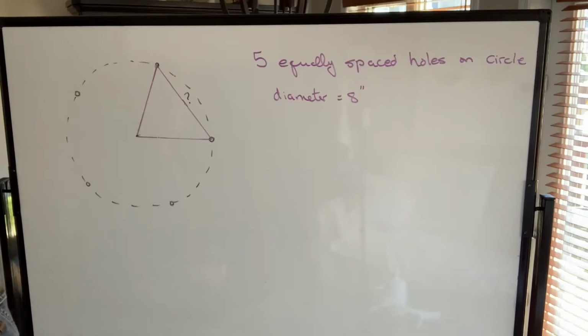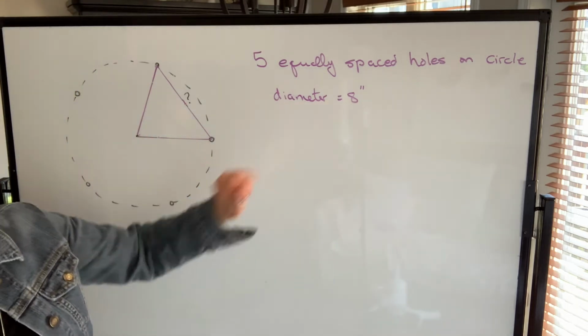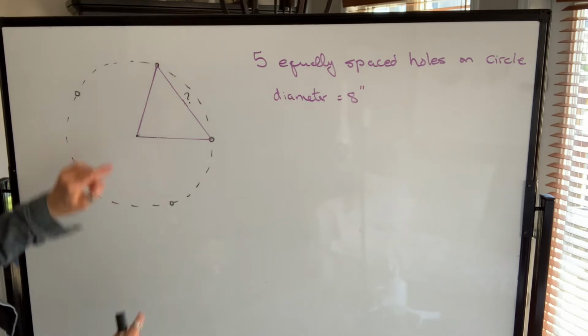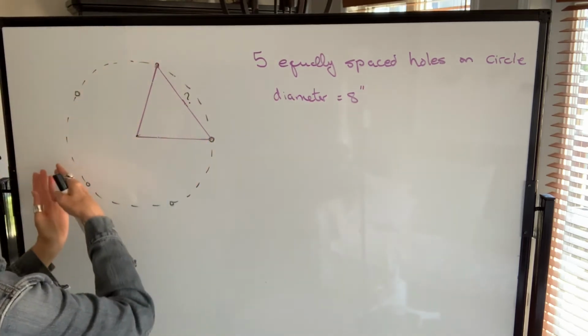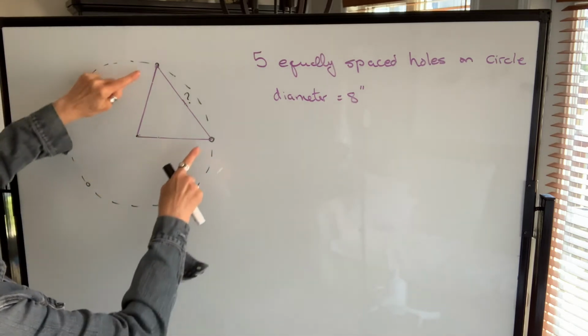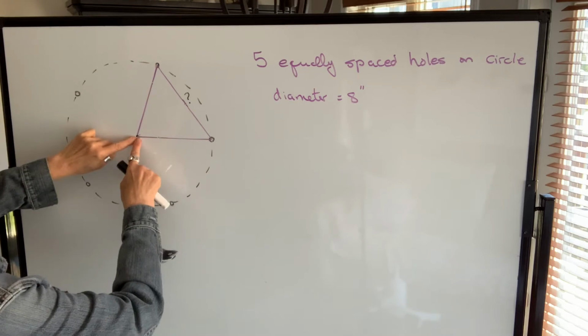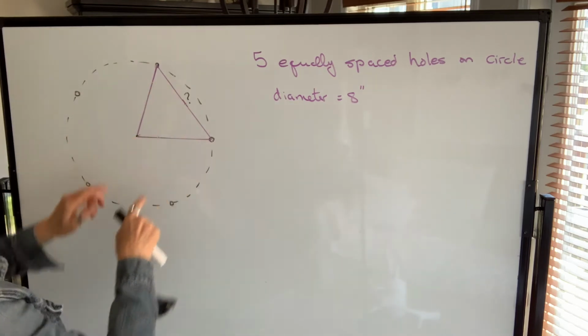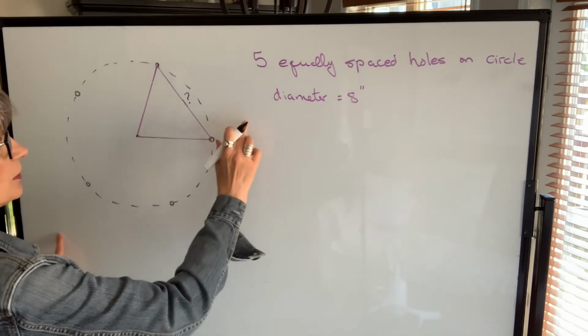In our example, we have 5 equally spaced holes on this circle whose diameter is 8 inches. I want to find the center to center distance between two adjacent holes, and it doesn't matter which two I choose. So I'm going to start by drawing a line from the center of each of those holes to the center of the circle, and that will form an isosceles triangle. I know these lengths because they will be equal to the radius.